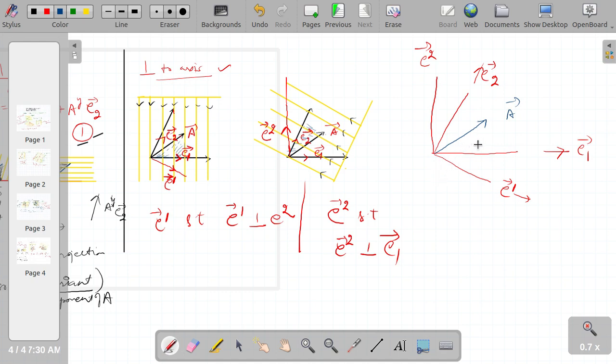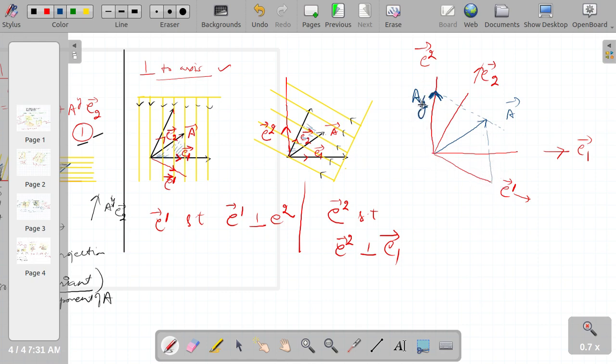It is perpendicular to this axis. If light rays are coming perpendicular to this axis, then its projection will be this one, and let me call this distance AX. Similarly, if light is coming perpendicular to this axis, its projection will be this one.